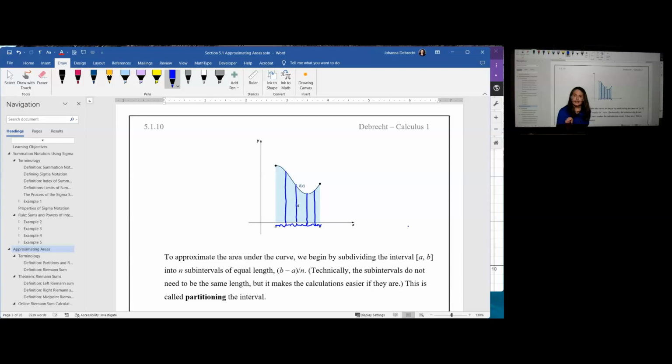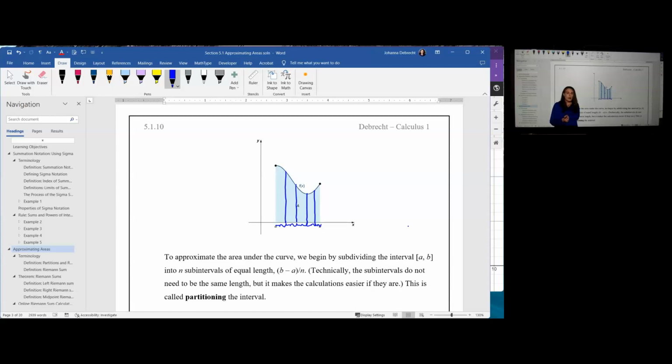The widths of these do not have to be the same, but it does make our calculations easier when they are. So most of the time, we'll make them the same. In fact, it's not until you get into a real analysis class as a junior mathematics major that you would look at not allowing them to be the same.